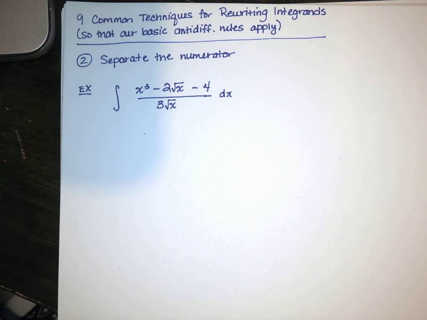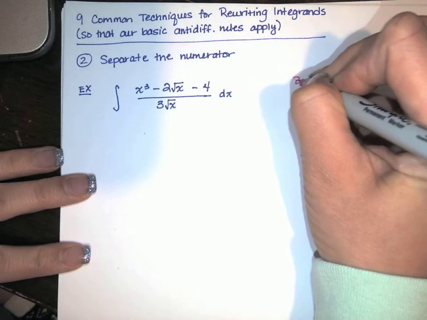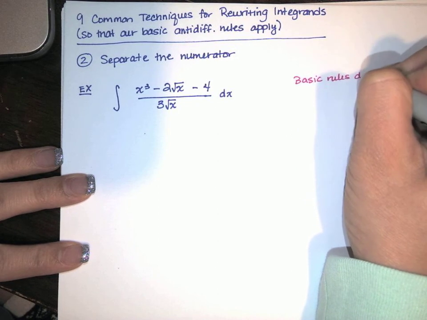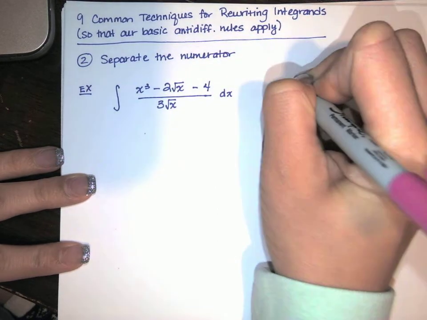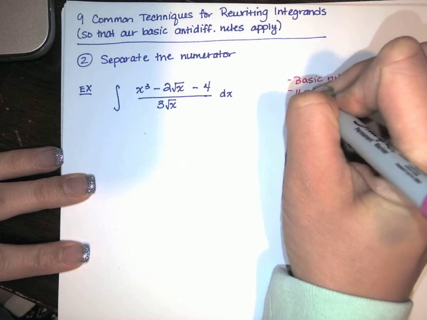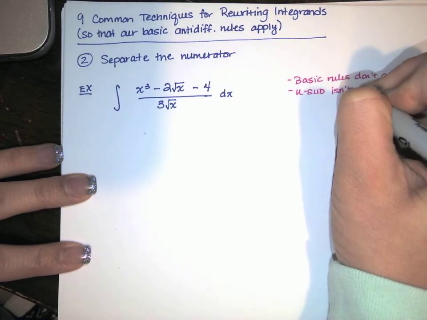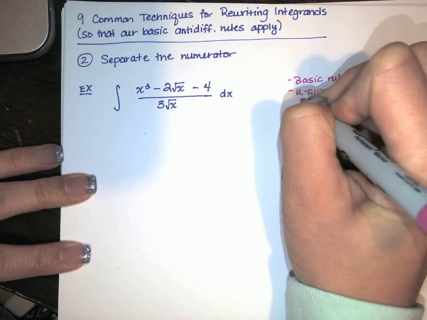Like, that's a possibility, but it's still not the most straightforward way to do this. So yeah, basic rules don't apply. U sub might work, but it isn't the most straightforward way to do this.